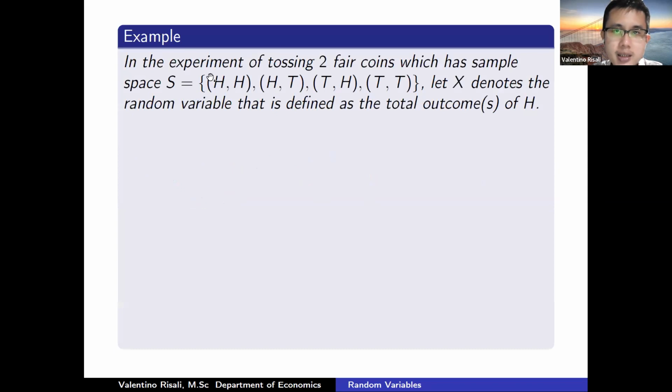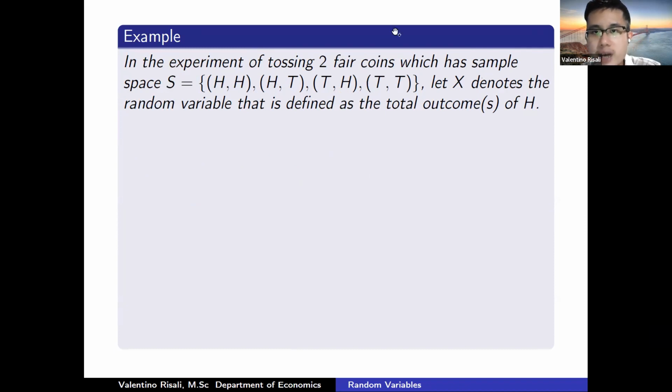Let's discuss the first example, the experiment of tossing two fair coins. From the previous meeting, we have learned the sample space consists of 4 elements.